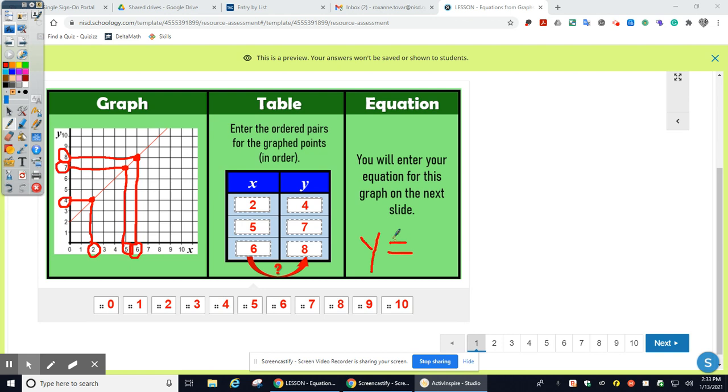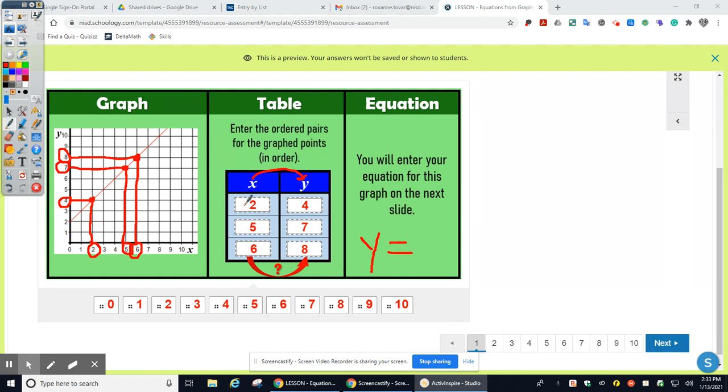And then equals. Okay, so what is it that we're doing to the x to get the y? Remember, that's always the question at hand. So we can ask, how do we get from 2 to 4, 5 to 7, and 6 to 8? Now, seeing here that we're not starting at the origin, that tells me that we are adding.